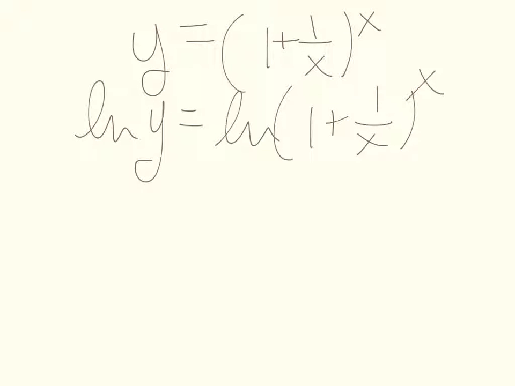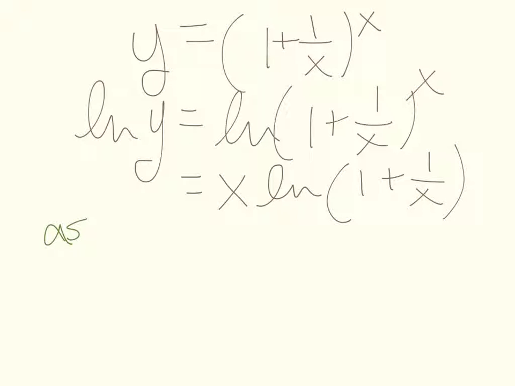Now on the right-hand side, I have the log of something to the power x, and I can use the rule that brings that power down. I like to call that the Plog Rule. x comes in front: x ln of (1 plus 1 over x). And now let's think about what happens as x goes to infinity.